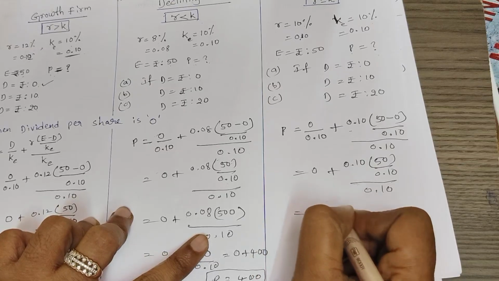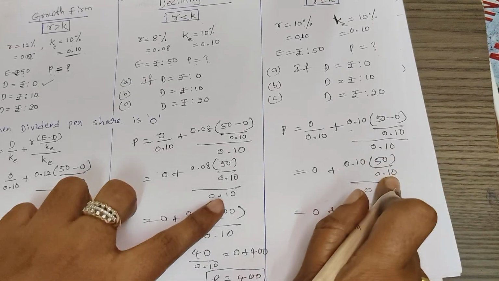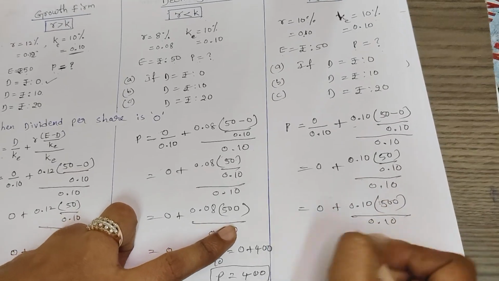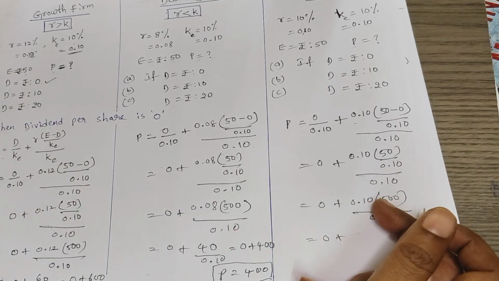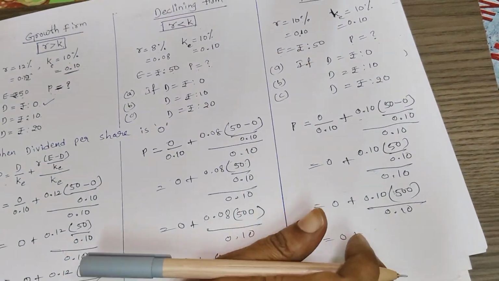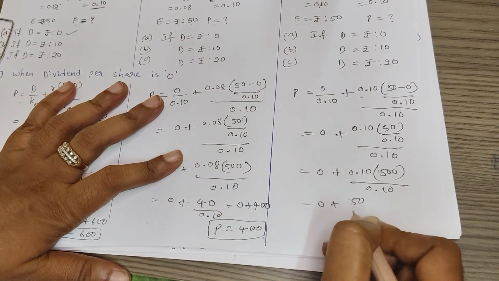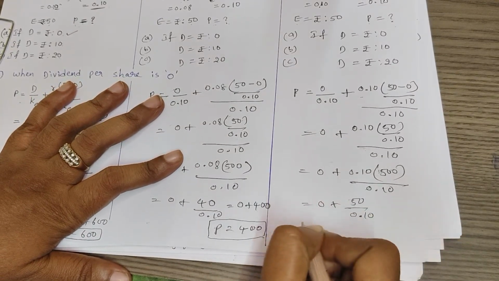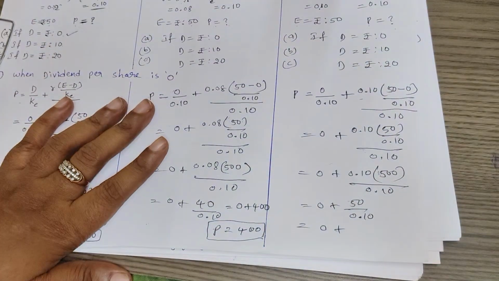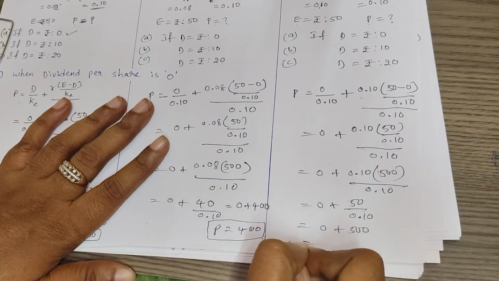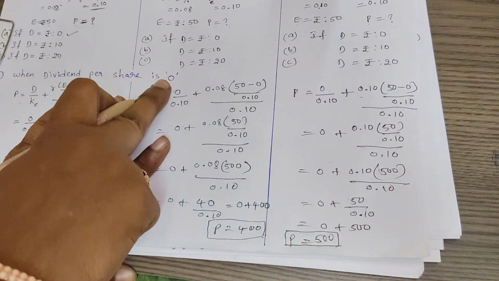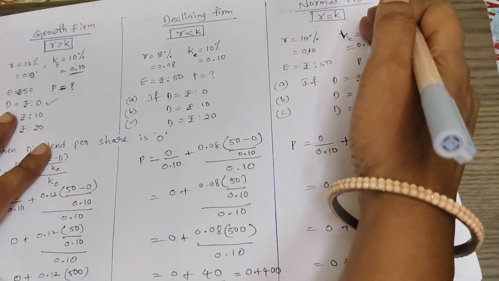So 0 plus 0.10, 50 divided by 0.10, how much? 500 divided by 0.10. 0 plus 0.10 into 500, how much? 500 into 0.10, 50. So 50 divided by 0.10, that is equals to 0 plus 50 divided by 0.10, 500. That is equals to P is equals to 500 when D is equals to 0, at the time of normal form.